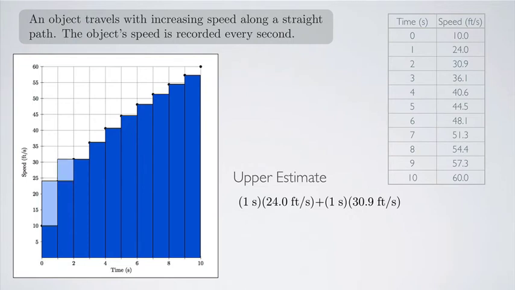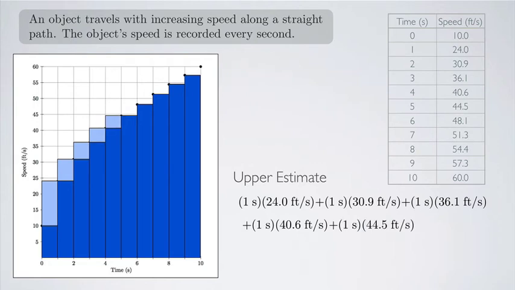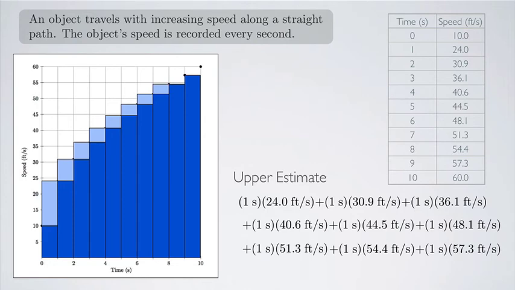That adds in this rectangle. 36.1, that adds in this one. 40.6 adds this one. 44.5 adds that one. 48.1 adds this rectangle. 51.3 adds this rectangle. 54.4 adds in this one. 57.3 adds in that one. And finally, 60 feet per second adds in this little rectangle up top. And when I do this calculation, I get 447.2 feet for my upper estimate.